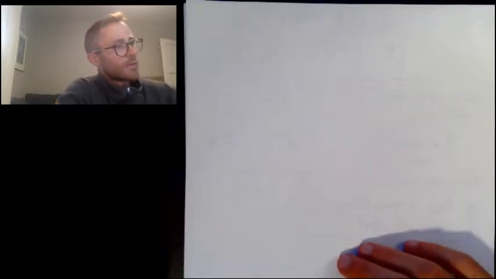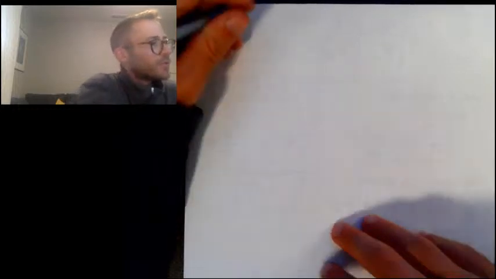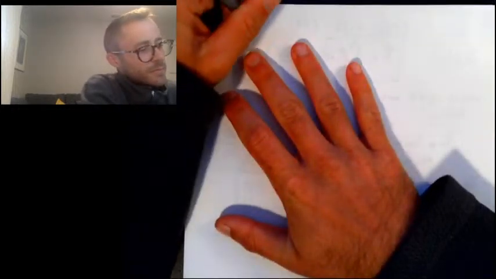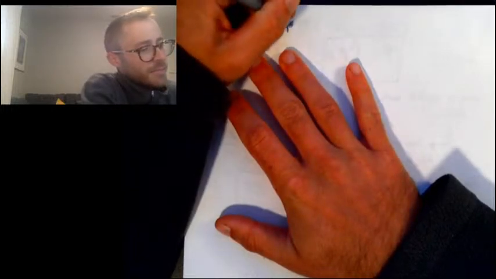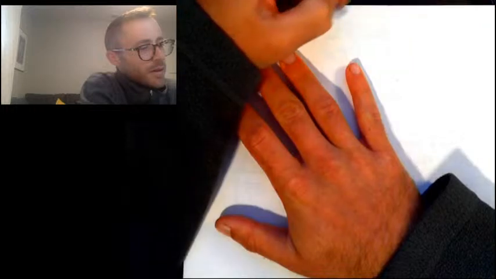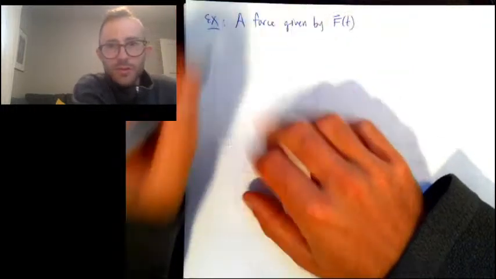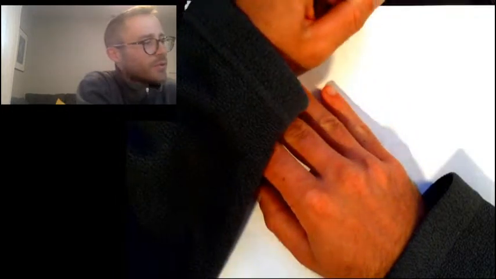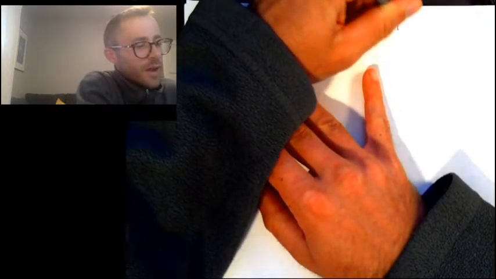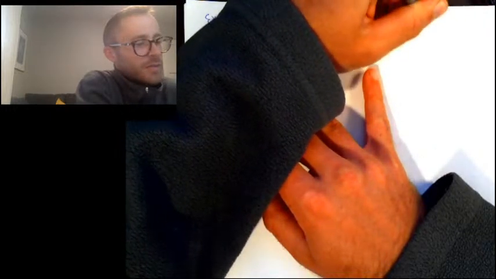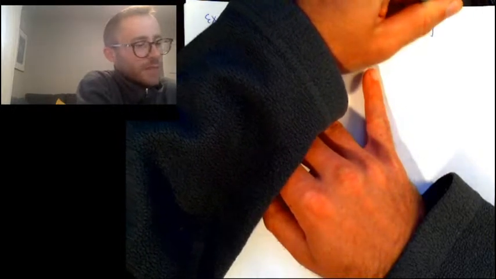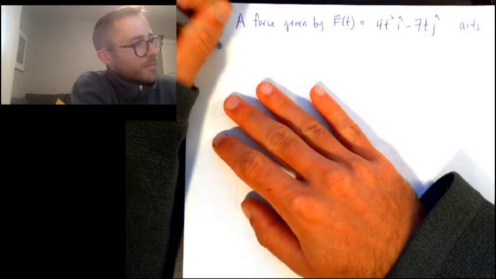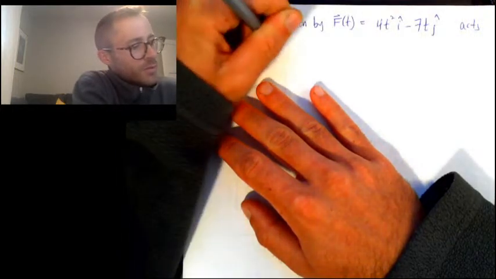Okay, so we're going to do some examples. Let's suppose we have a force given by F of t, so it's a force that is a function of time, equals 4t squared i hat minus 7t j hat, and it acts from t equals 0 to 1 second.